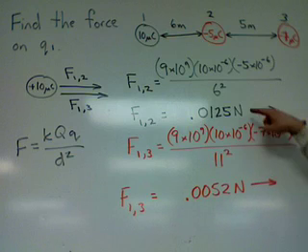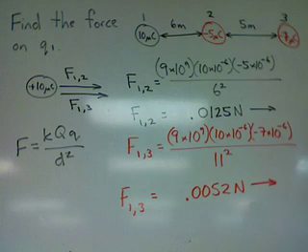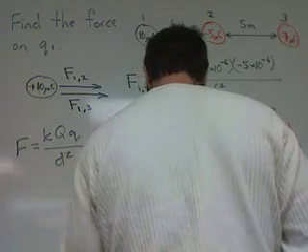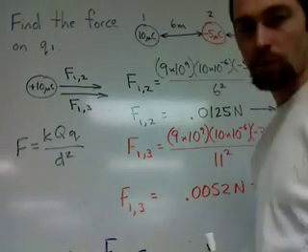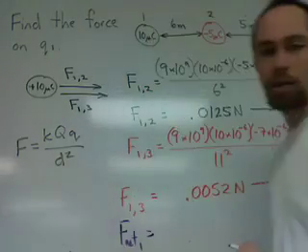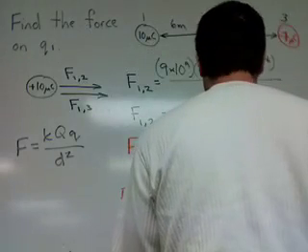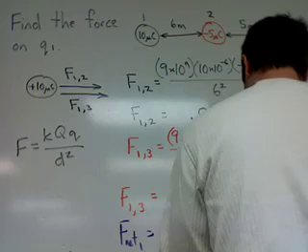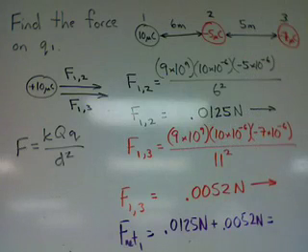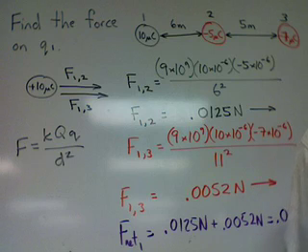So then to find my net force, I'm going to have to add this plus this. My net force, F net on charge 1, is going to be 0.0125 newtons plus 0.0052 newtons, and that is going to equal 0.0177 newtons, pointing to the right, because both forces are pointing to the right.